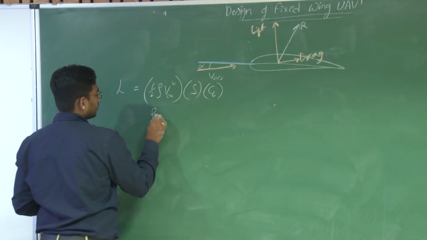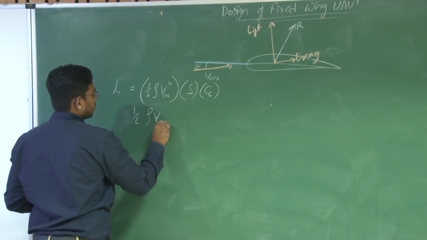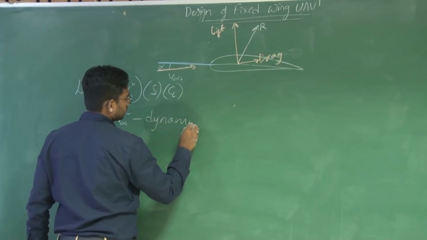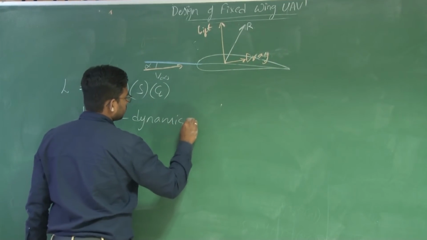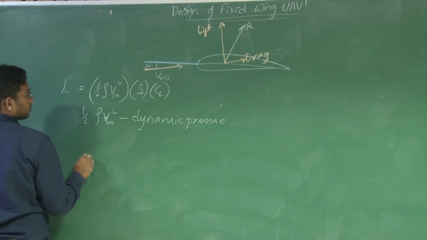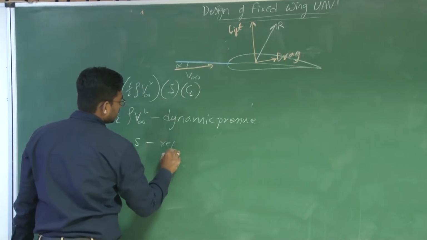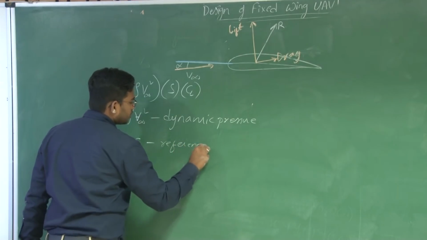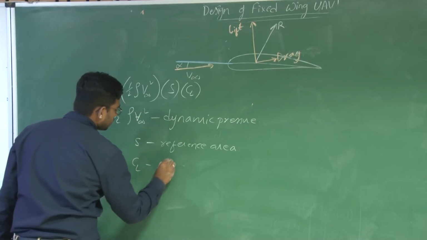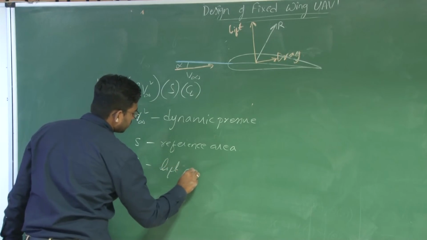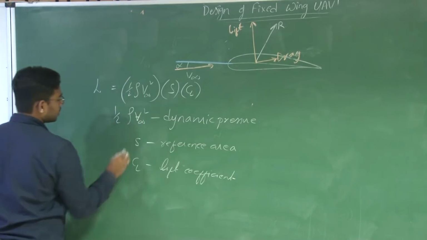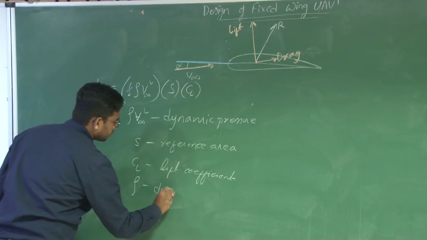So half rho v square is the dynamic pressure, S is the reference area, and CL is the lift coefficient, where rho is the density.